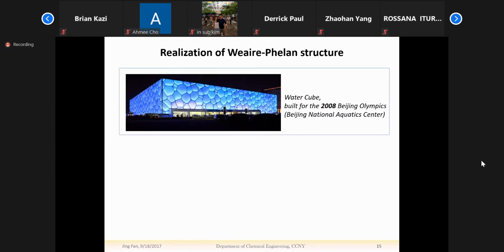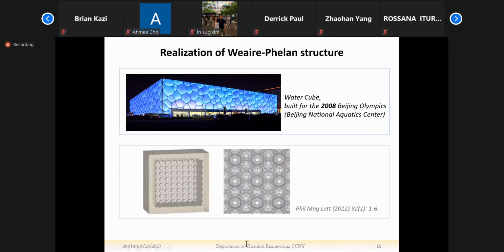The first realization of a Weaire-Phelan structure is actually the Water Cube, which was built for the Beijing Olympics, the Beijing National Aquatic Center. The architecture of this building was inspired by the Weaire-Phelan structure and designed according to it.